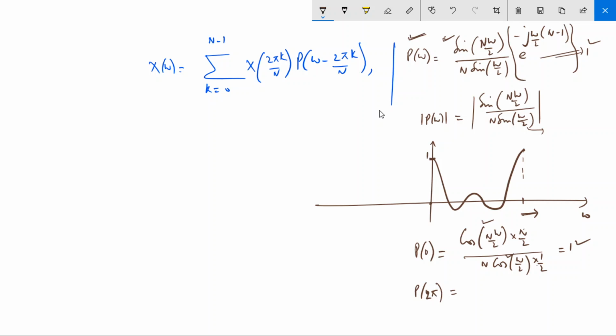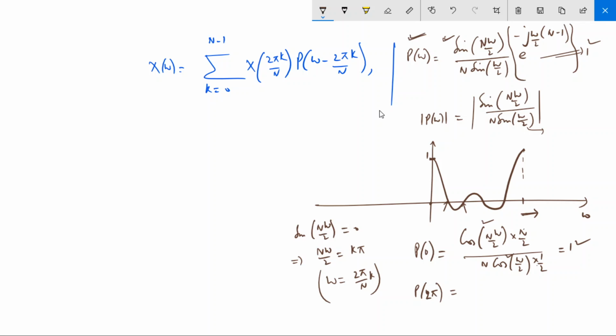Okay, and where will be the zero crossing points? These points come when your numerator is 0. It means when sine of n omega by 2 is equal to 0, or when n omega by 2 is a multiple of pi, k pi, or when omega is equal to 2 pi k by n.